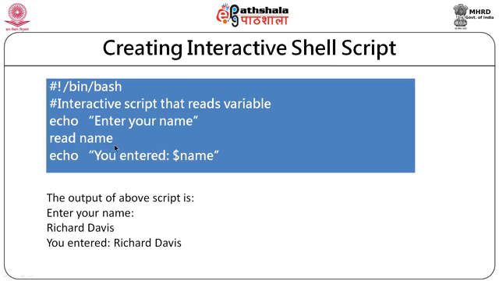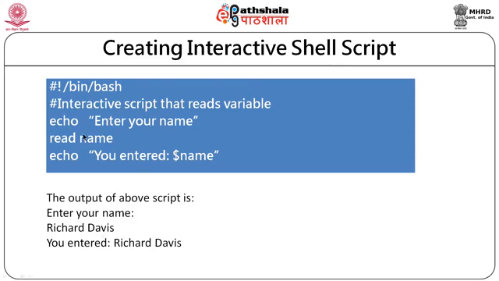It is going to fetch the value into name, and the last line of the script is displaying the content of this variable. That is why we have used the $ sign. You can see the output. The last line of the screen contains the output you entered and the name that I have entered, Richard Davis.